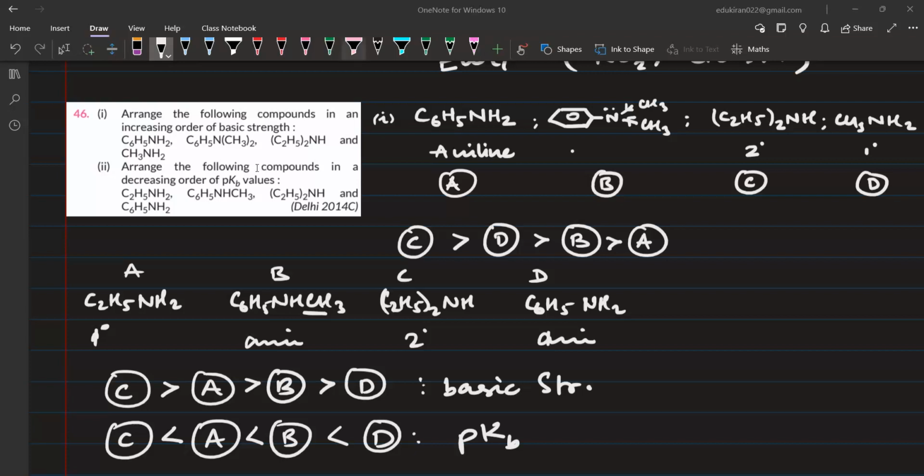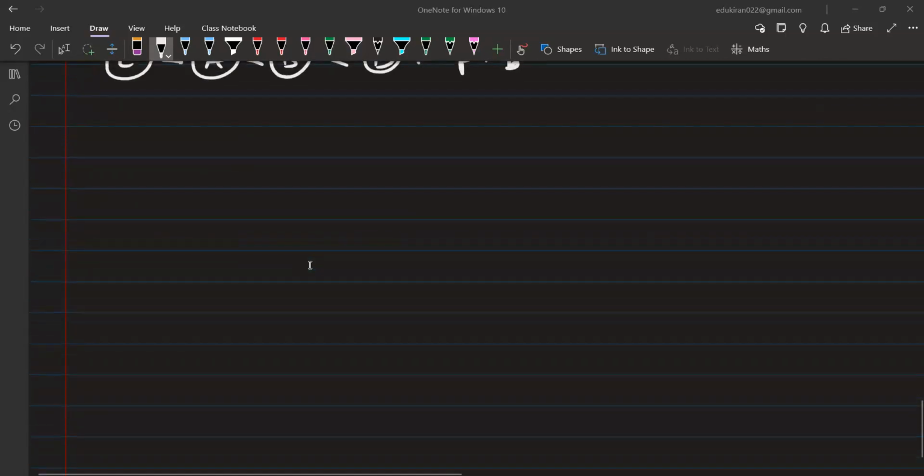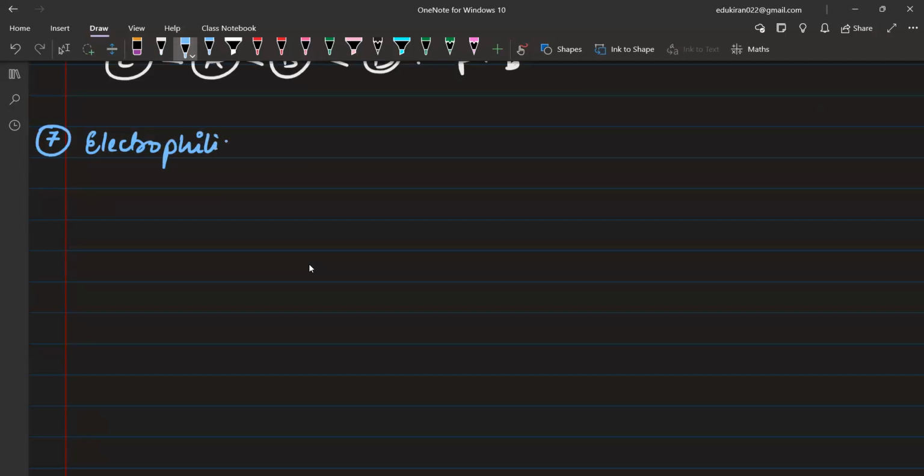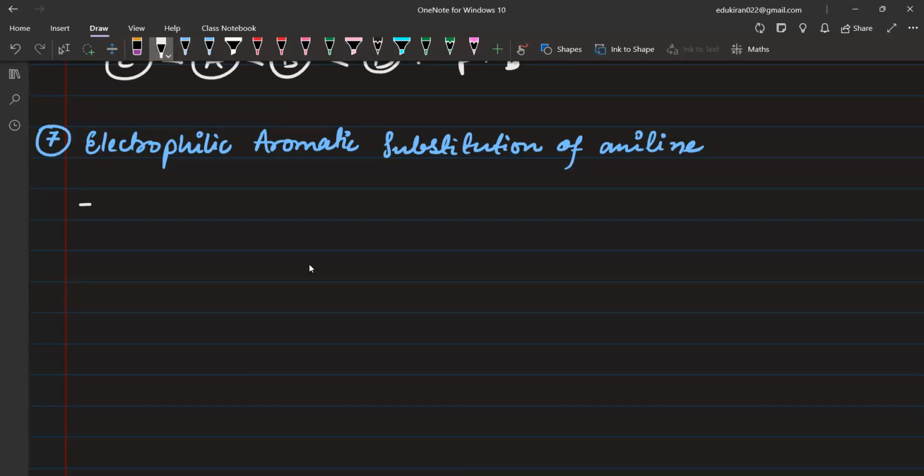Okay. Now, the last reaction, that is electrophilic aromatic substitution of aniline. Now, since the NH2 group has a lone pair of electrons, that is why it is highly activating.